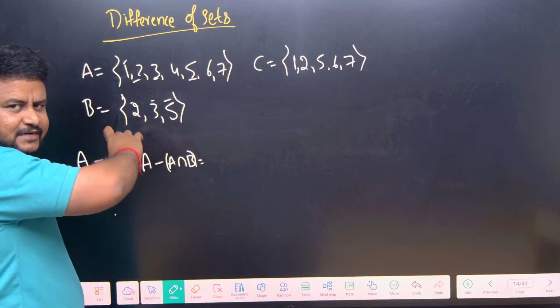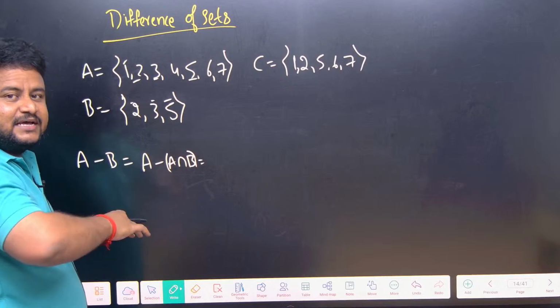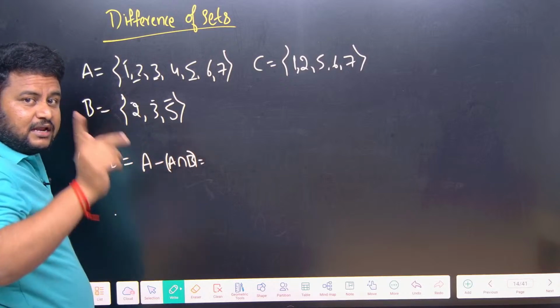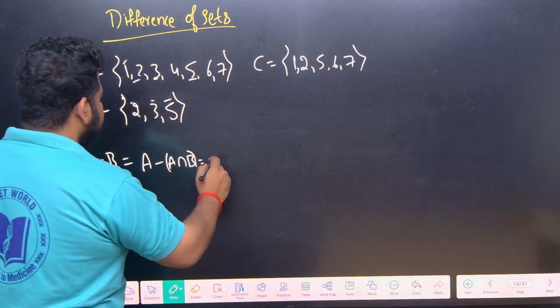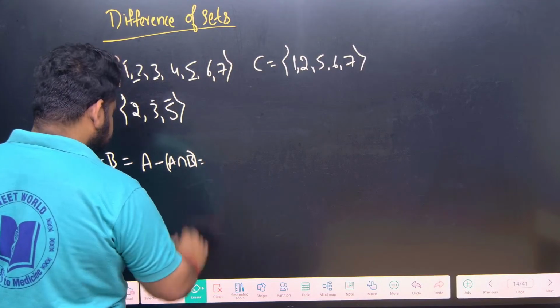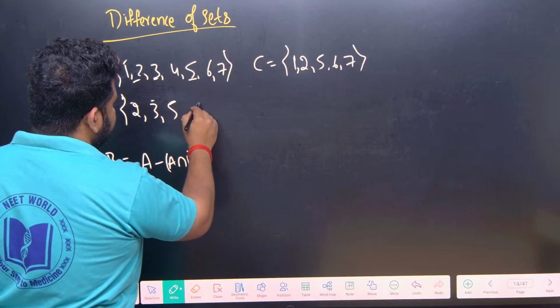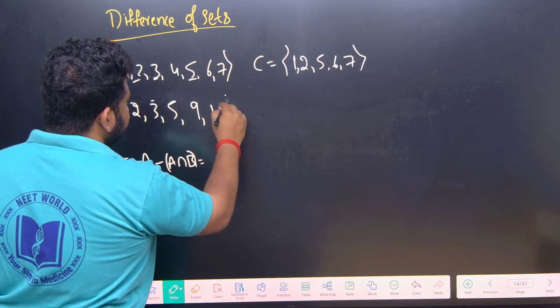So A minus B means remove the elements that are present in B from set A, and write the remaining elements that are present in A. Let set B have 2, 3, 5, 9, 10.